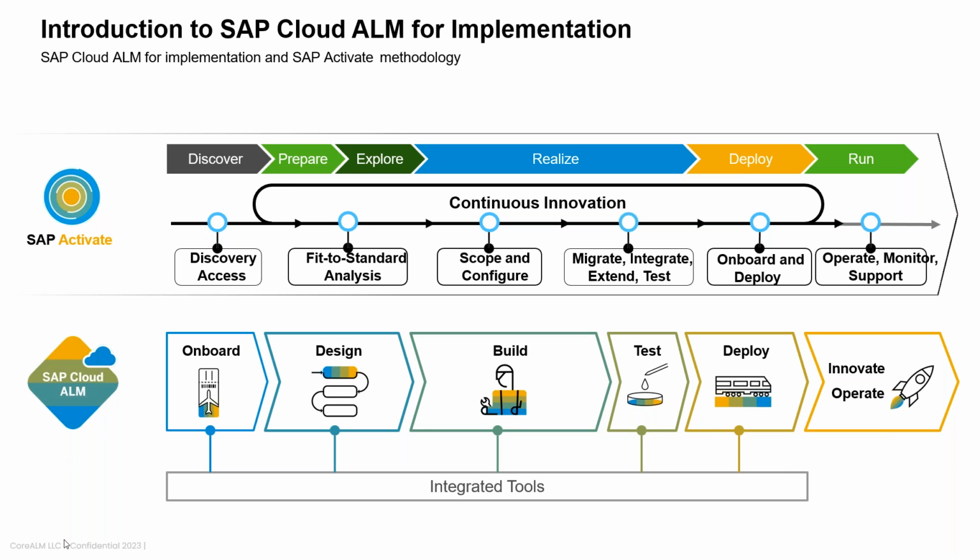In addition, there are going to be third-party integration tools. For example, if you have Jira, Azure DevOps, or other testing tools out there, there are open APIs that let you integrate SAP Cloud ALM with other third-party tools in order to have an ecosystem for both SAP and non-SAP.